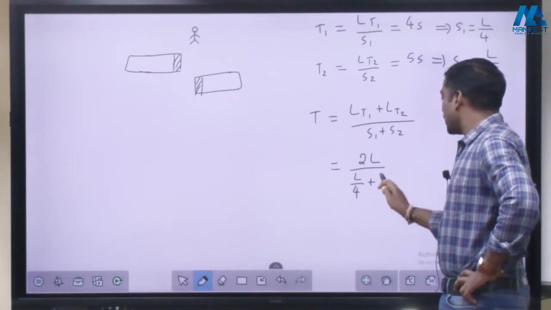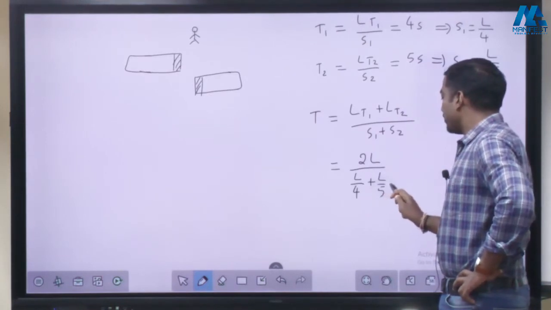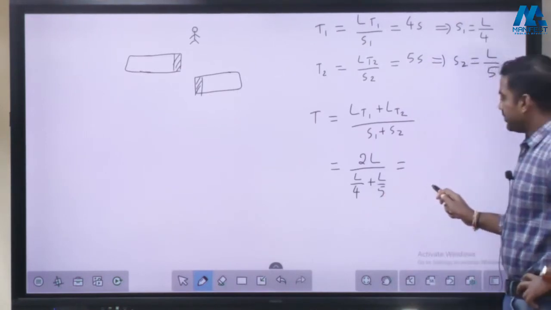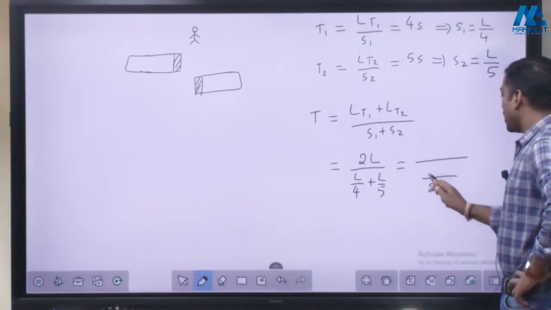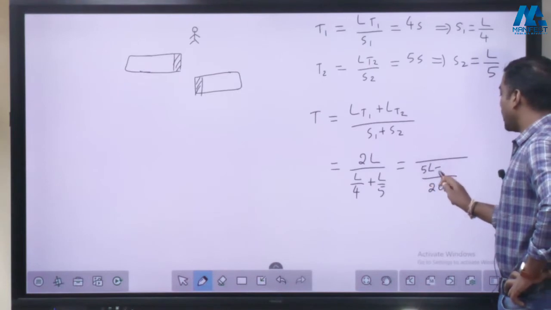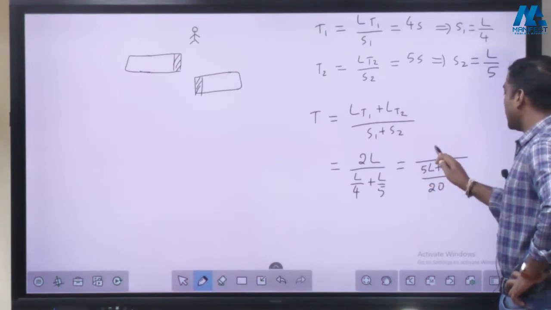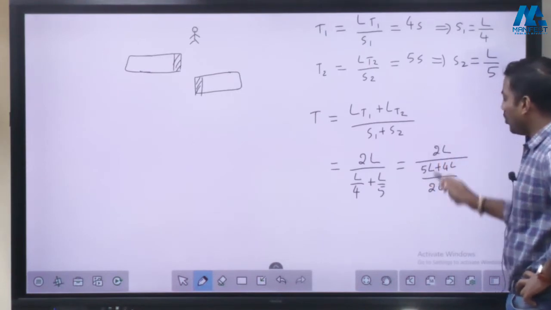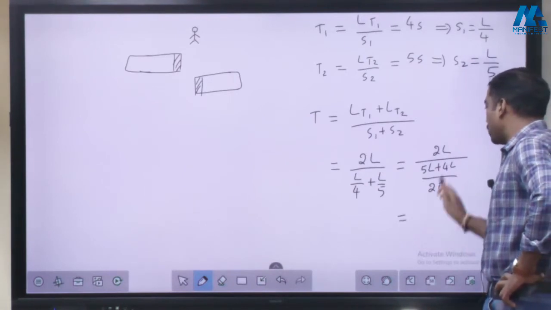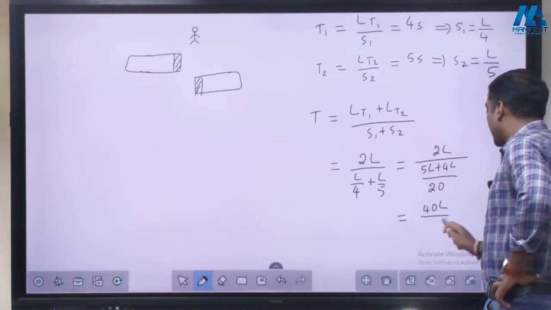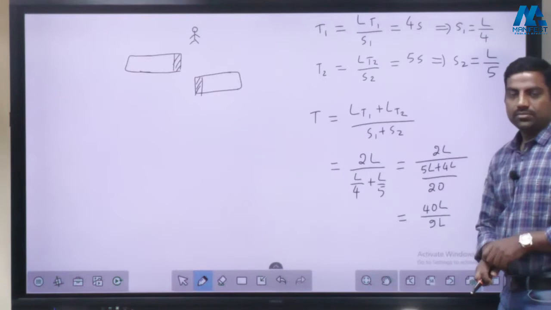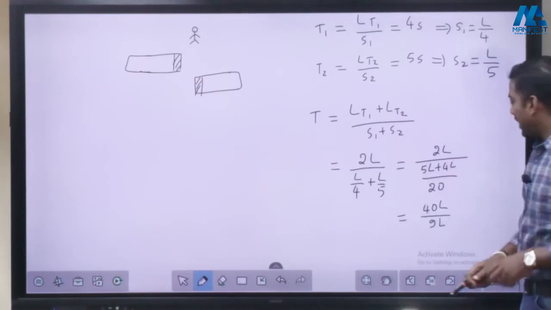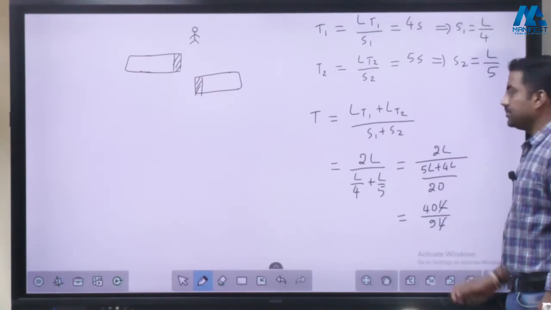So this is nothing but, take the LCM, 20: 5L plus 4L, and in the numerator, 2L. This 20 will go up, so this will become 2L into 20, 40L divided by 9L. L and L get cancelled.